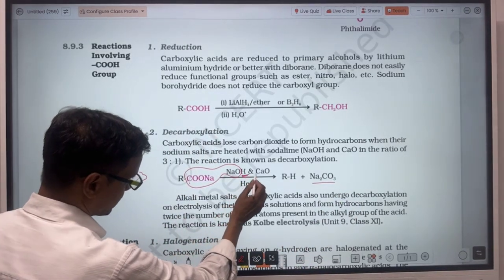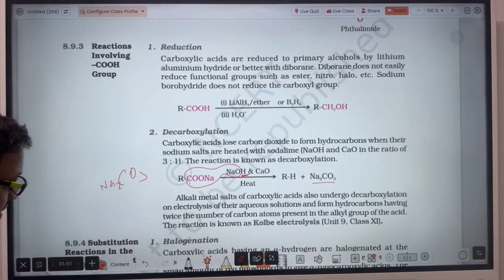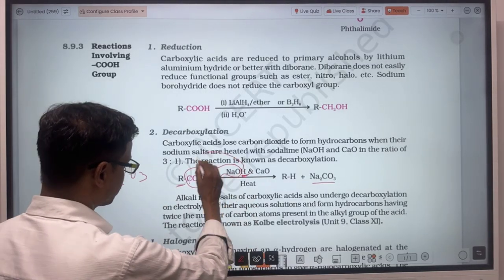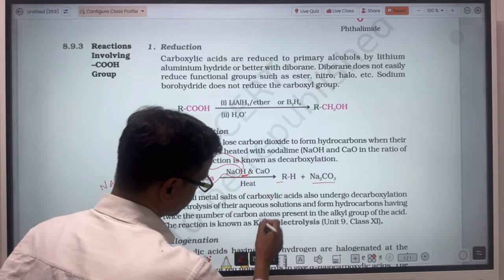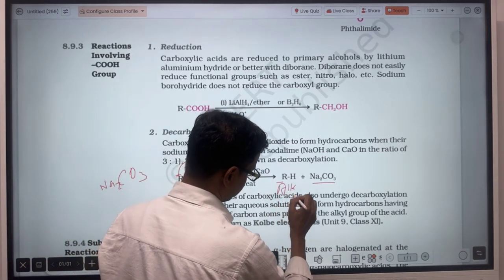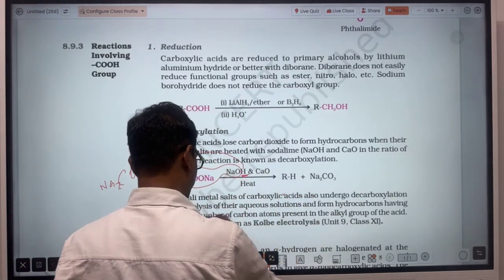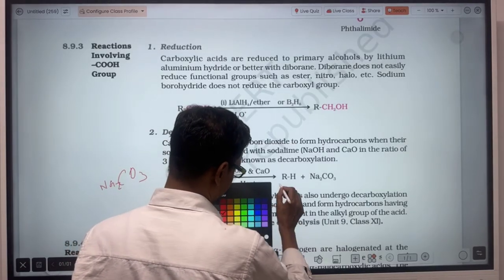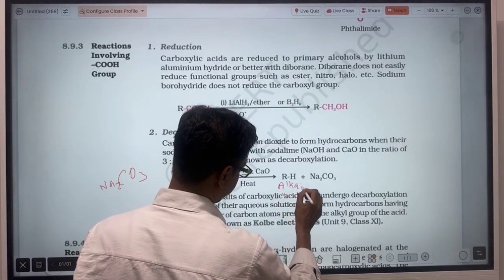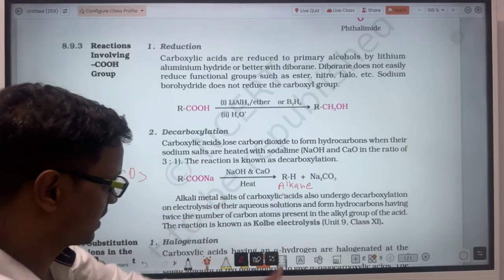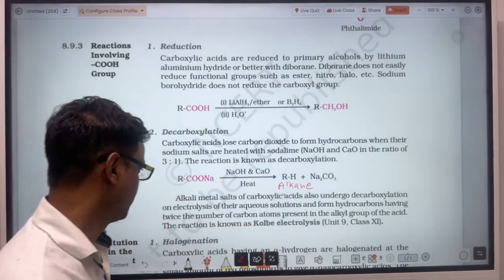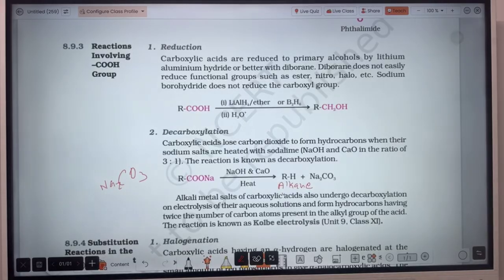Hydrogen is left here, the valency of this hydrogen is left, and the carbon atom also. So this hydrogen will combine with this alkyl part, so there will be formation of alkane. So when the carboxylic acid reacts with soda lime, there will be formation of alkane and sodium carbonate.